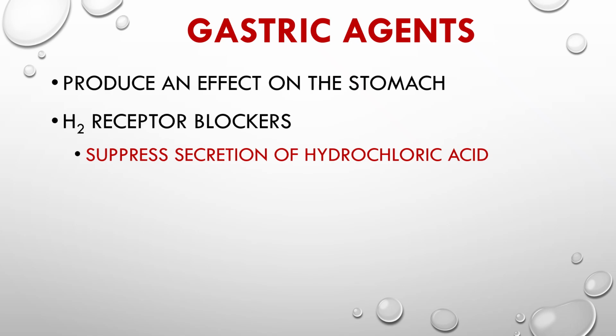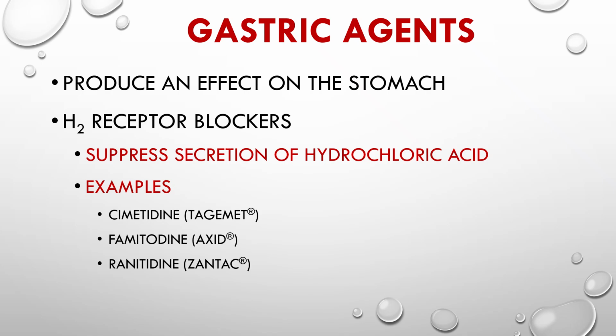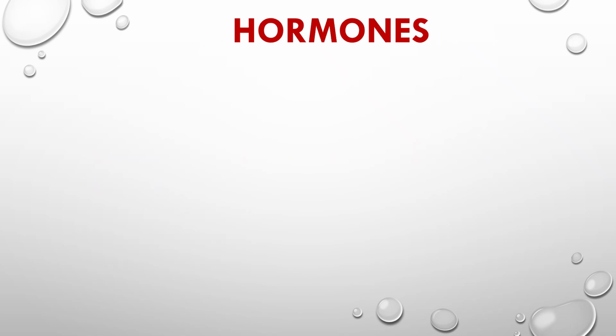So by blocking them, you're going to decrease secretions and hydrochloric acid. Some examples of these are cimetidine, famotidine, ranitidine, so Zantac, that's a common one that gets used. Again, they're going to be decreasing that heartburn or decreasing those secretions.